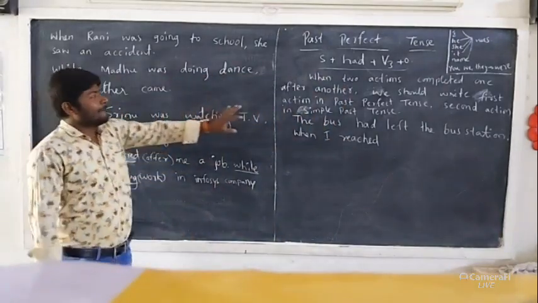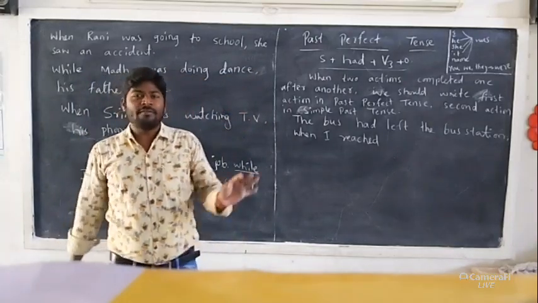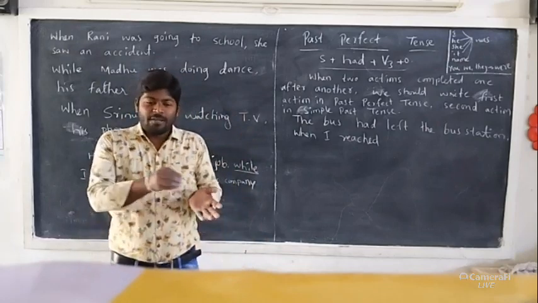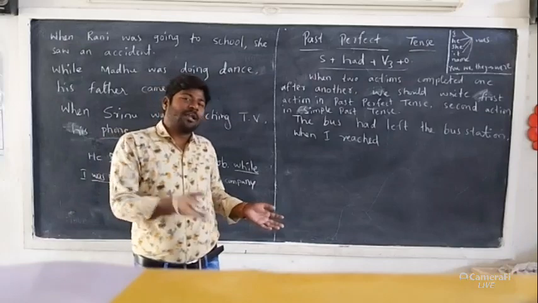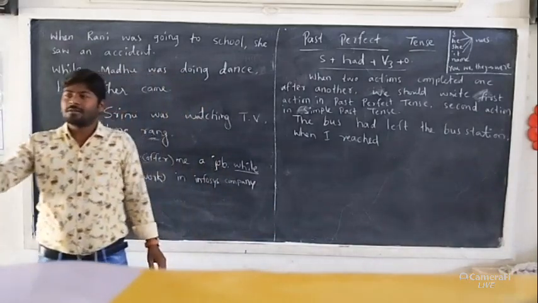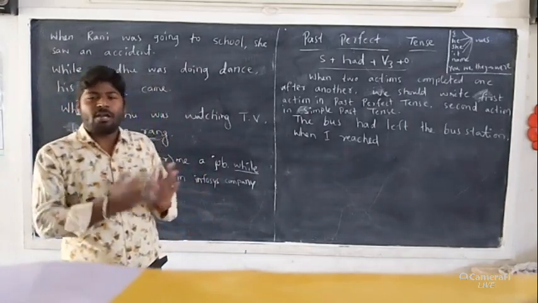Okay, I'll tell you. What I suggest is, whenever you prepare any definition, it should be in your own words. Then you can understand and remember easily. Textbook definitions may not be easy to your mind.